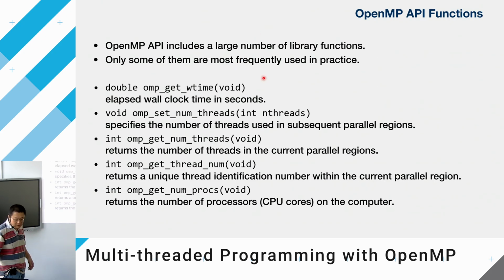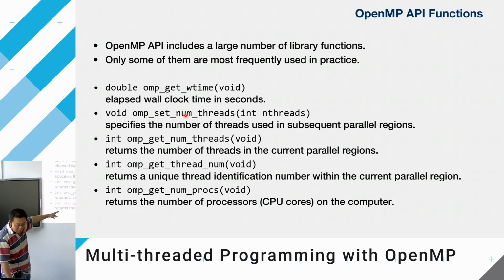Okay, for using OpenMP, not only those directives I mentioned before, you can also use the so-called OpenMP API functions, right? There are multiple important API functions you can use. For example, get the runtime for one thread, set the number of threads.